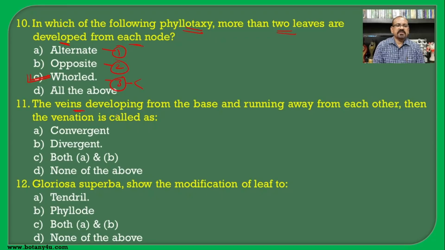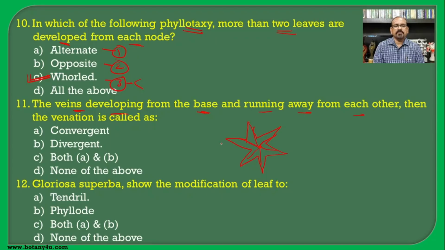Then the veins developing from the base and running away from each other, as we have seen earlier, that if there is such a type of leaf in which the veins are developing from the base and they are running away from each other.